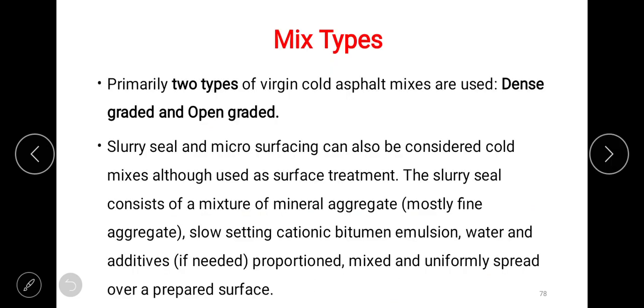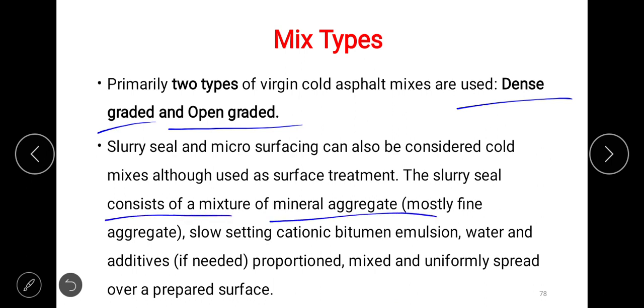Mix types. Primarily two types of virgin cold asphalt mixes are used, dense graded and open graded. Slurry seal and microsurfacing can also be considered cold mixes, although used as surface treatment. The slurry seal consists of a mixture of mineral aggregate, mostly fine aggregates, slow setting cationic bitumen emulsion, water and additives if needed.